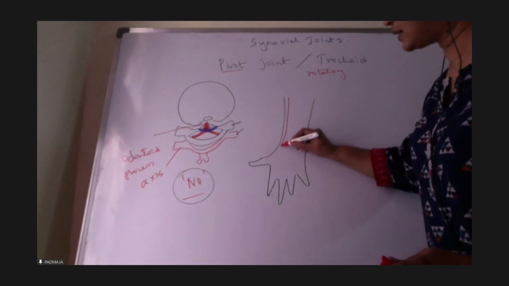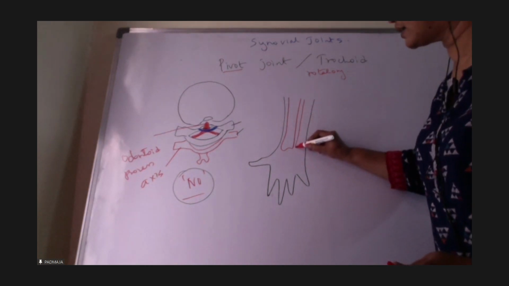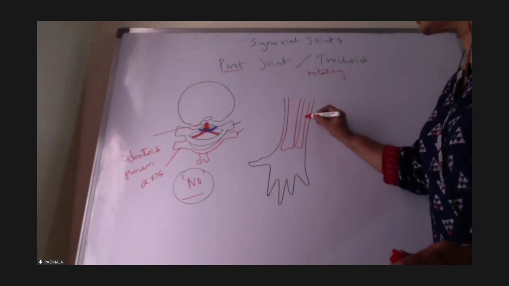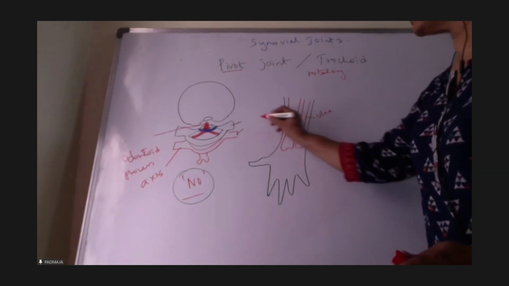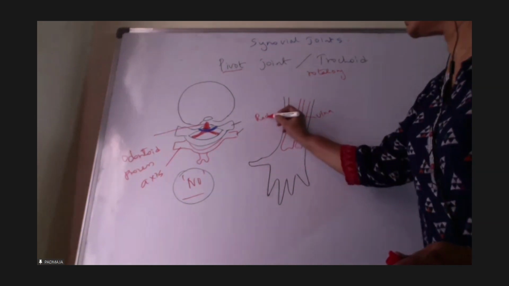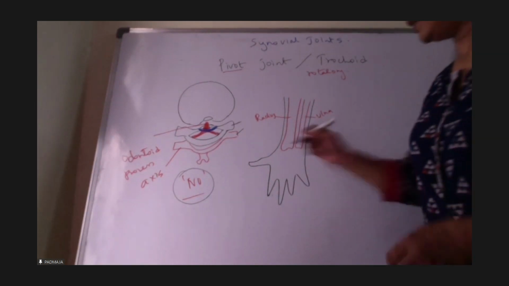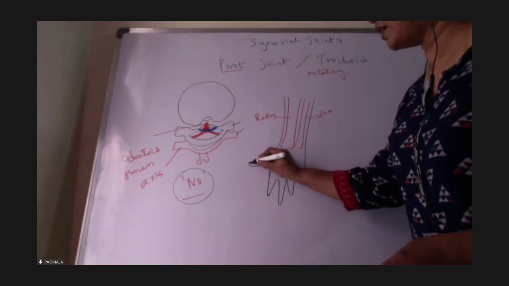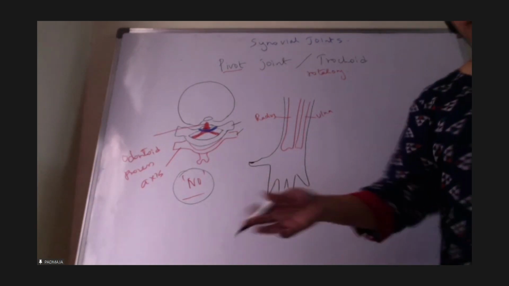So radius is like this and ulna here like this. So label it as ulna, and this is radius. So this is your thumb in the original position when you are not rotating. So this condition is supination.